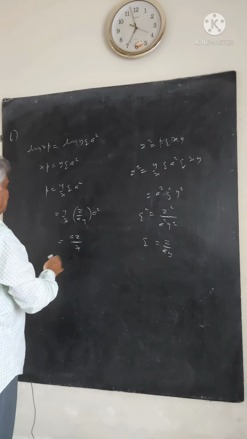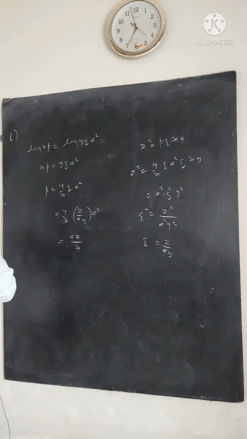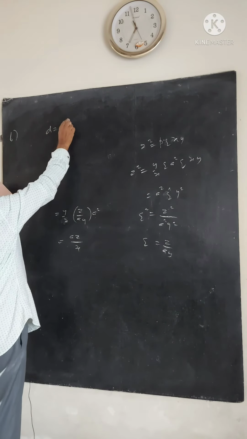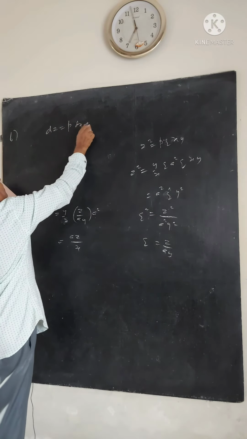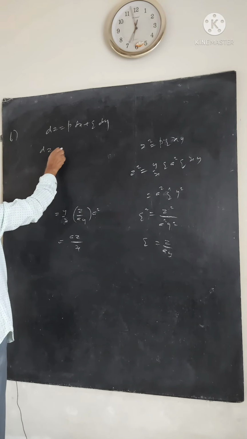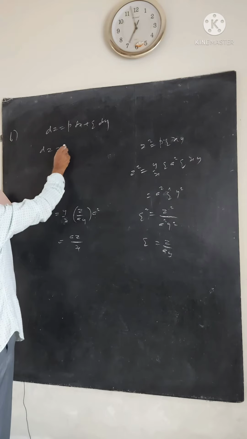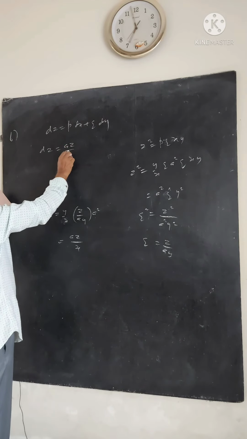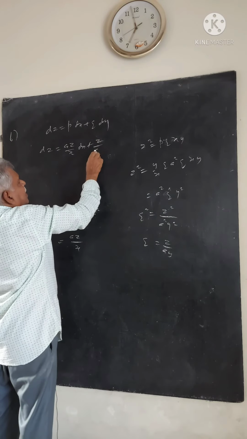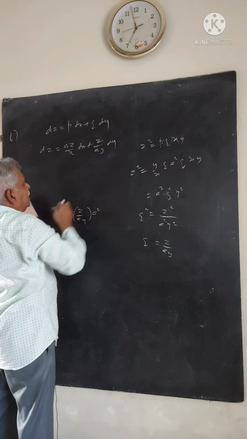This p and q applying in the result giving step, dz equal to p dx plus q dy. p is az by x dx, q is z by ay dy.